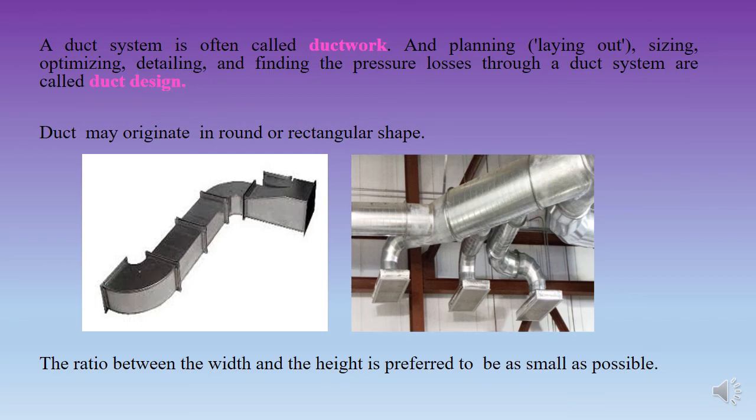planning or laying out, sizing, optimizing and detailing and finding the pressure losses through a duct system are called duct design. So basically, if you design a duct system or air distribution system, you have to really plan from the AHU into the last of the involved space. How long is the duct?